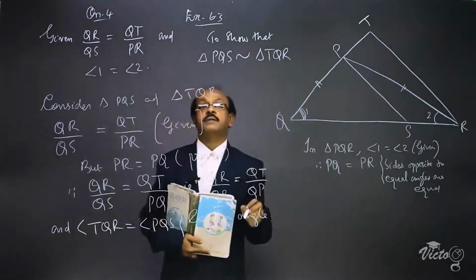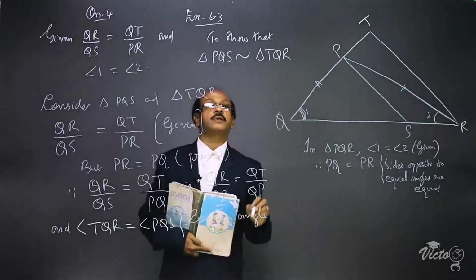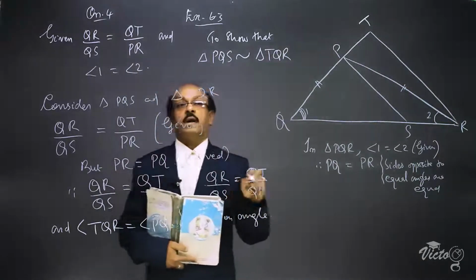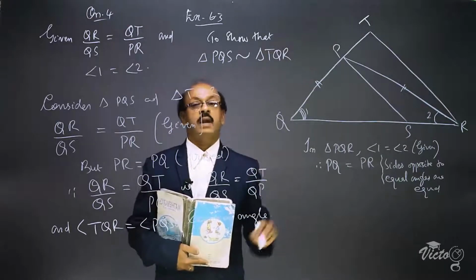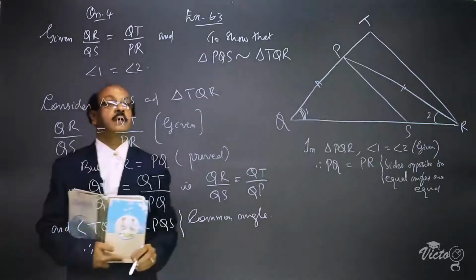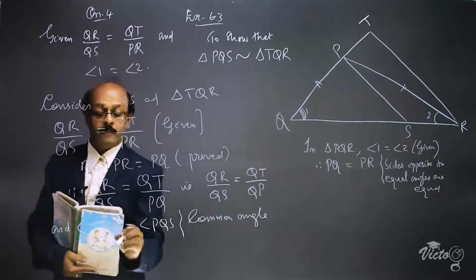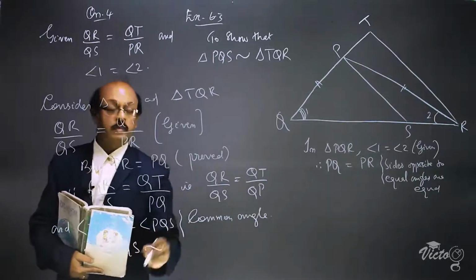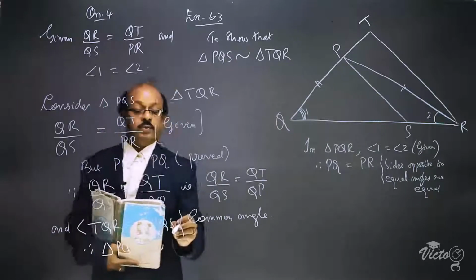Therefore, triangle PQS is similar to triangle TQR with the help of SAS similarity criterion.